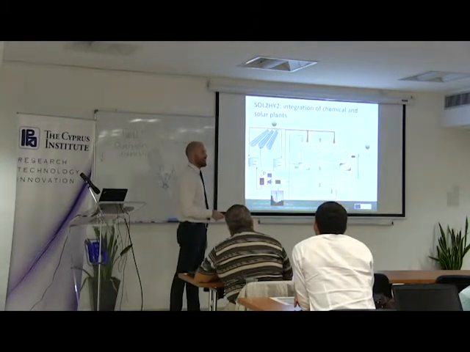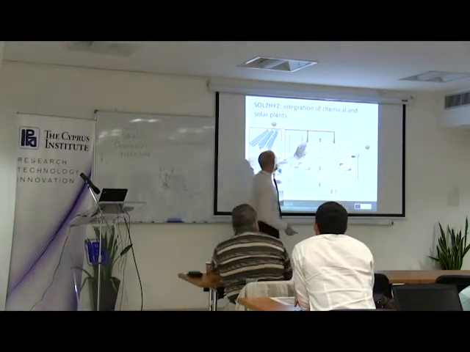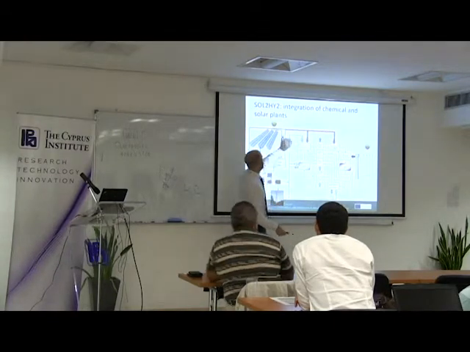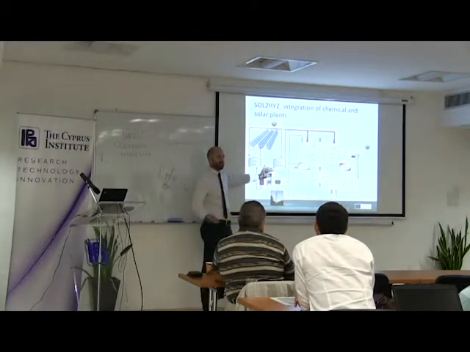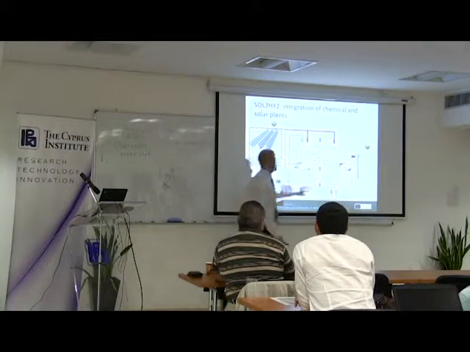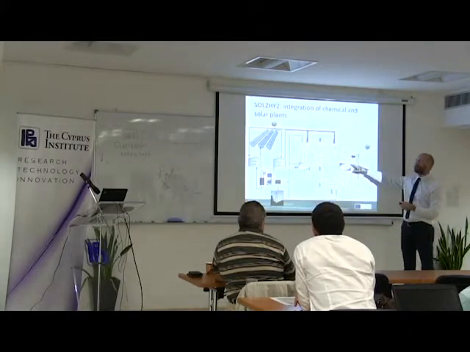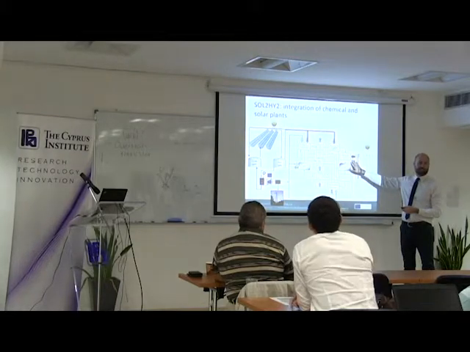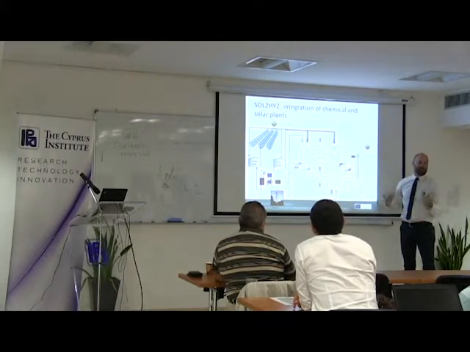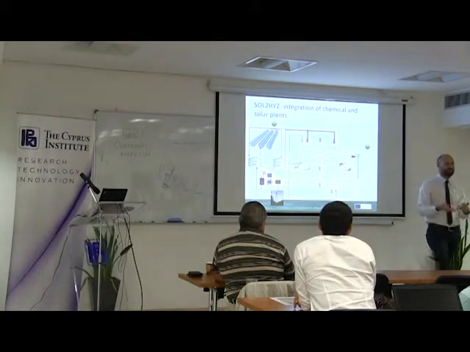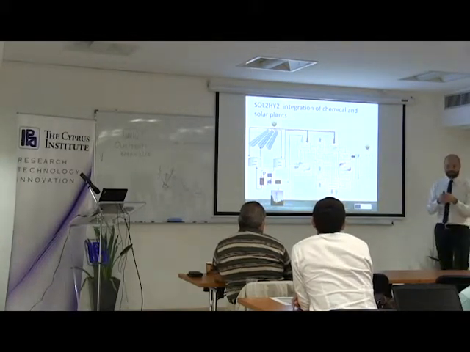The only problem is that, in this case, this part of the plant, which is fed with storage, can work continuously, while this part of the plant, which relies on the high temperature heat input, must work discontinuously. So this is the biggest challenge in integrating the solar plant with the hydrogen production plant.